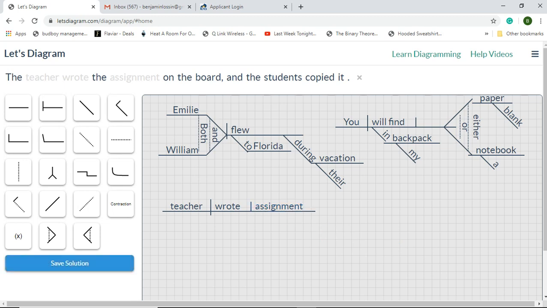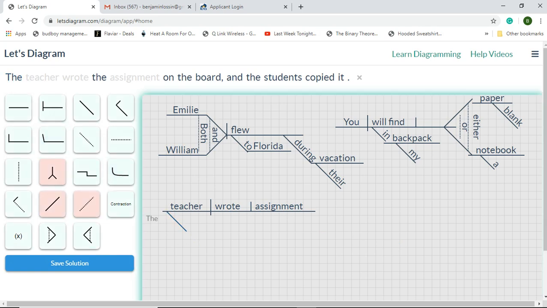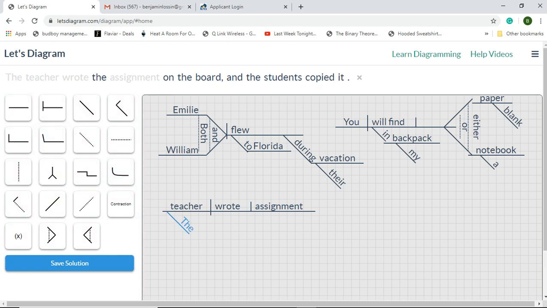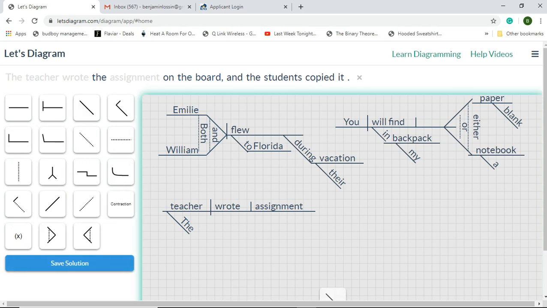Good. Now let's come back here. The is modifying teacher, right? The teacher. Adjective modifying teacher. Wrote. They wrote on the board, which is a prepositional phrase acting as an adverb. So we come in here.